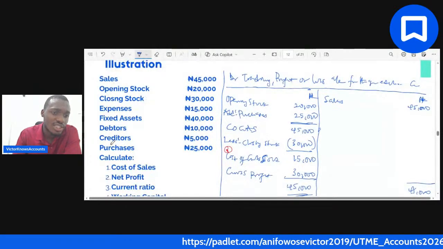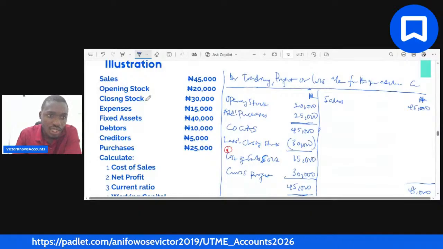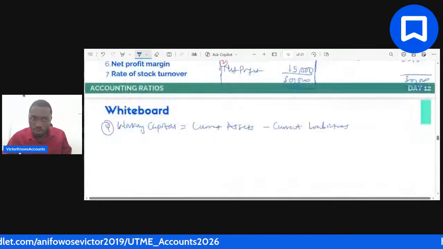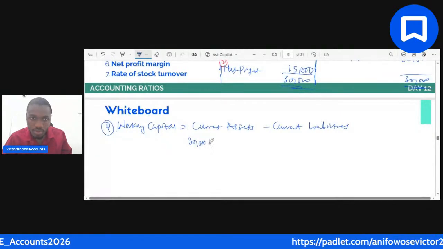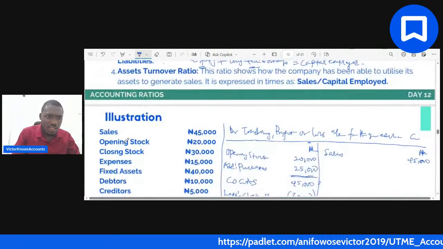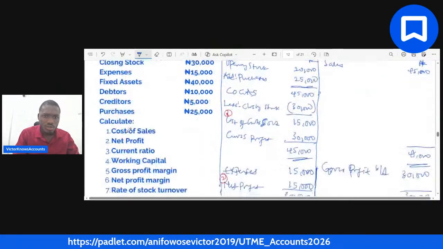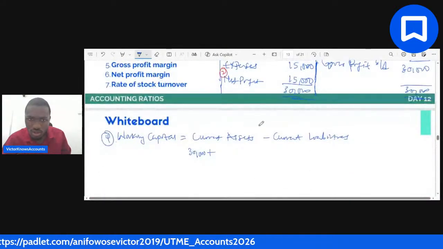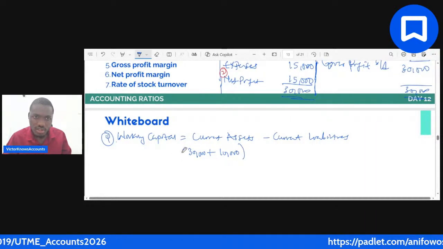What are the current assets we have? Sales, opening stock, no. We have closing stock. That's current asset. So I will come here, I will say closing stock of 30,000 naira plus any other current assets. Debtors, any other one, no. So 30,000 plus 10,000 naira. That's my current asset.